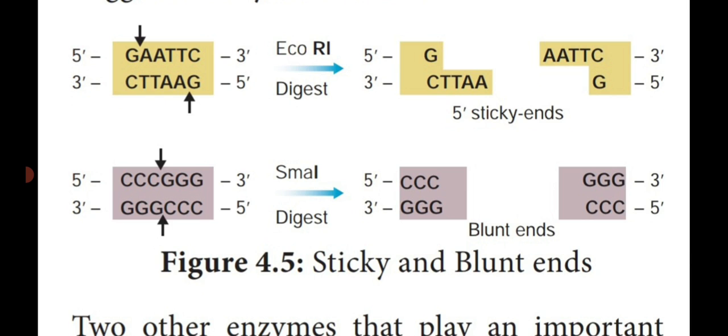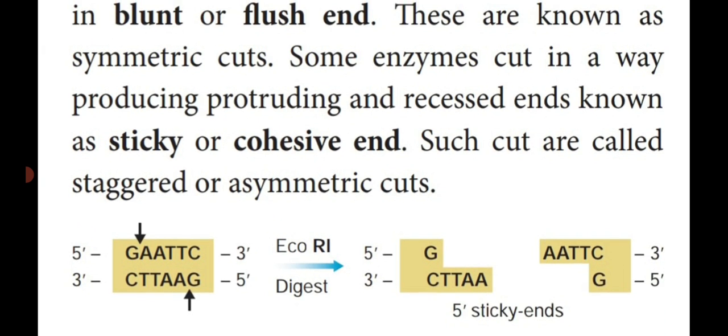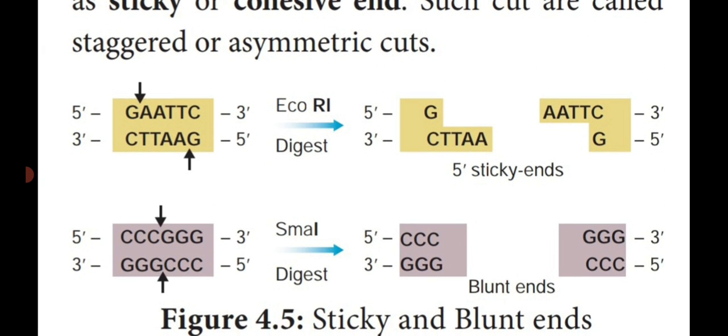That means it will be protruding, and also they enter into the recessed end. It starts from the G of the 5' to 3' direction and protrudes, that means it goes through the pathway, and it cuts the DNA in the region of the other end of the 3' to 5' direction.